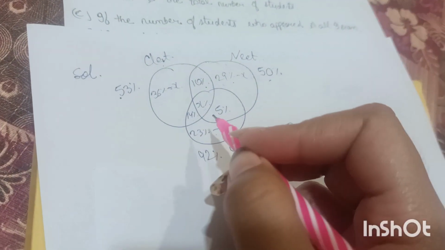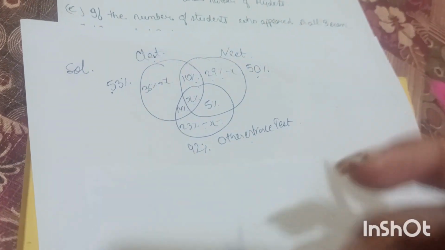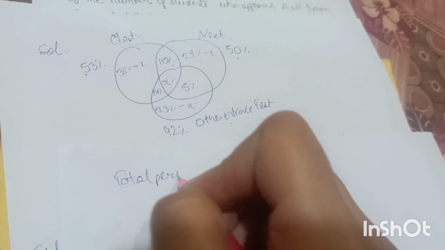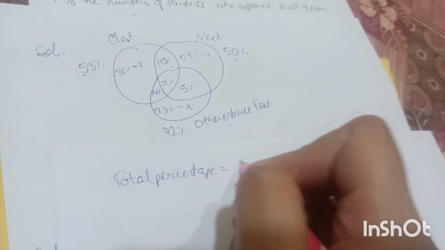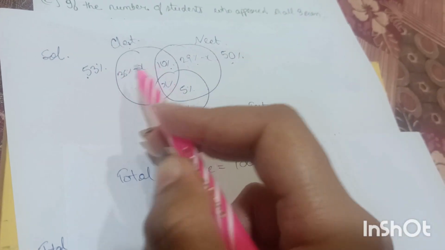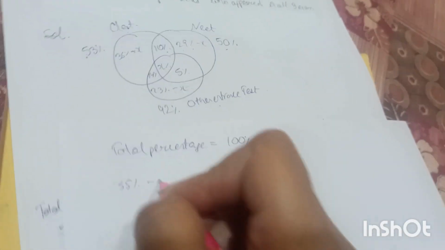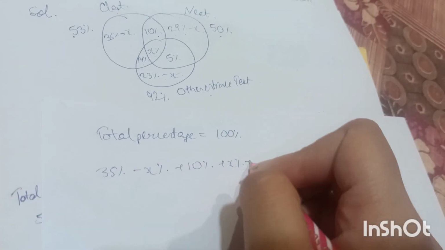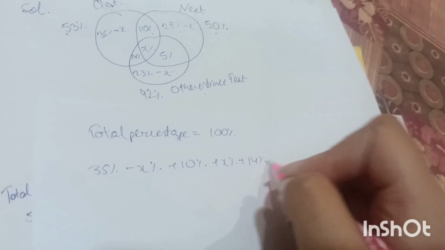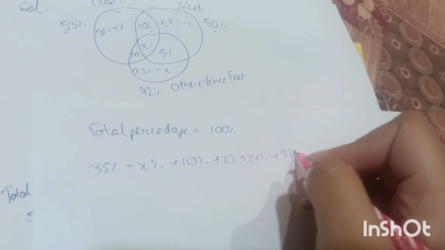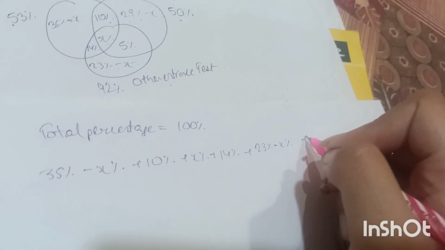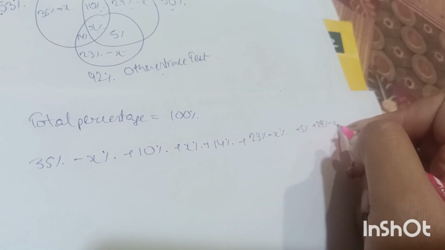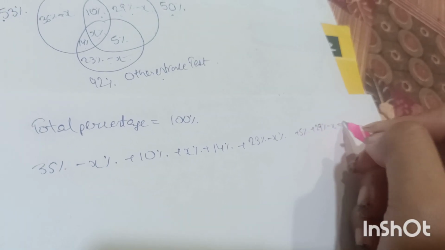Now let's find the value for X first. How will you find it? You know total percentage equals 100%. So you will do 35% minus X% plus 10% plus X% plus 14% plus 23% minus X% plus 5% plus 29% minus X% equals 100.